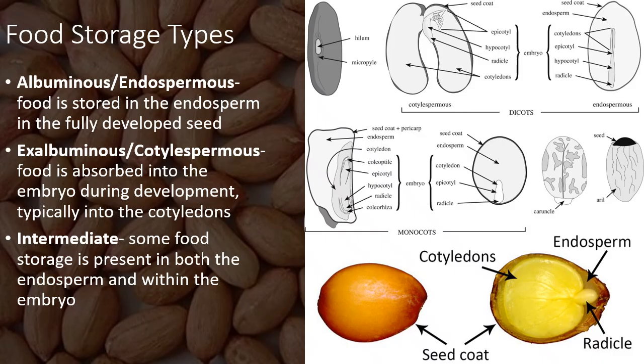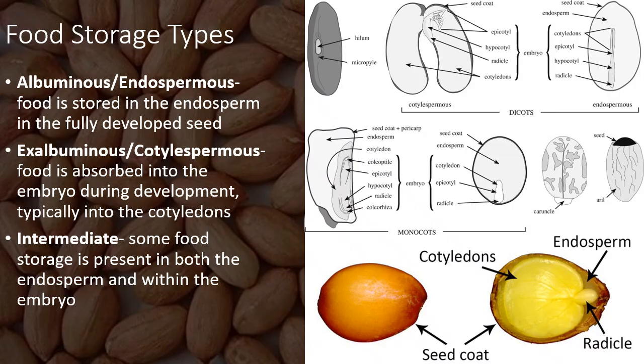The cotyledons are the first leaves that open up and expand and do photosynthesis. If you've ever grown a vegetable garden or maybe a flower garden and you've planted seeds out in your garden, they'll often come up with two little leaves that are a different shape than the mature leaves of the plant. And those are the cotyledons. In a bean, for example, which is kind of our middle top image, where we've got a cotylospermous dicot, we see that the cotyledons or those seed leaves have absorbed all of the food storage.